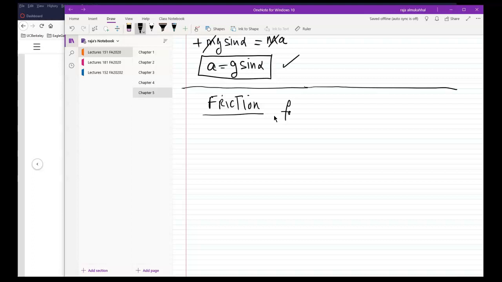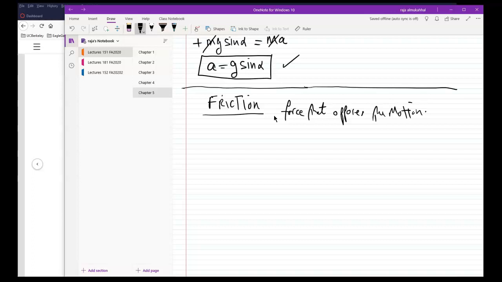Friction is a force that opposes the motion. Now, when you ask the question, what is the direction of the friction force? It's simple. Look at the motion of the object. If it's moving to the right, the friction force is to the left. If it's moving up, the friction force is down. If it's moving down, the friction force is up. It's really that simple. Always just make it opposite of the motion.